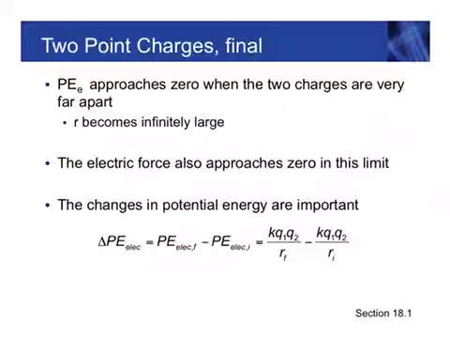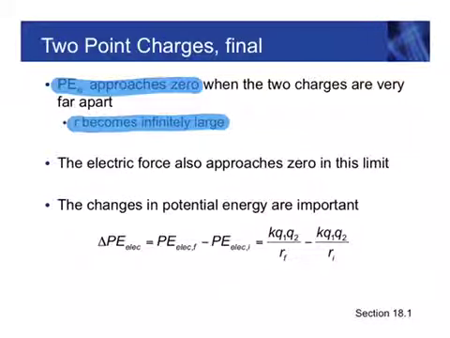This is a little summary of what's happening. Again, just review. If R becomes infinitely large, then potential energy approaches zero, and the electric force will also approach zero in this limit. But the same as in gravitational potential energy, what's mostly important from the physics standpoint is the change.